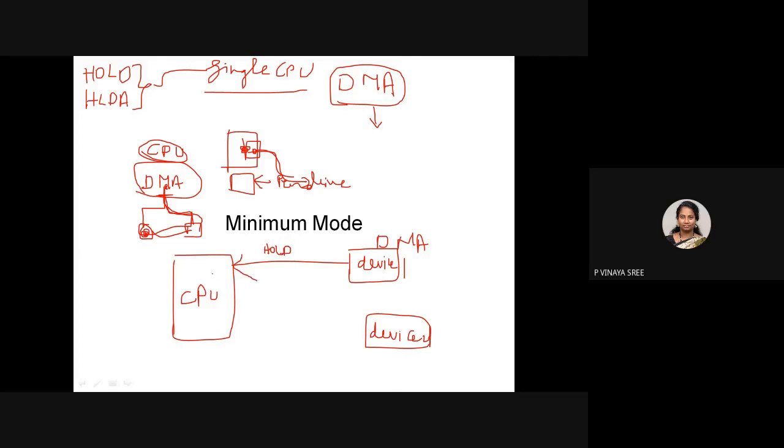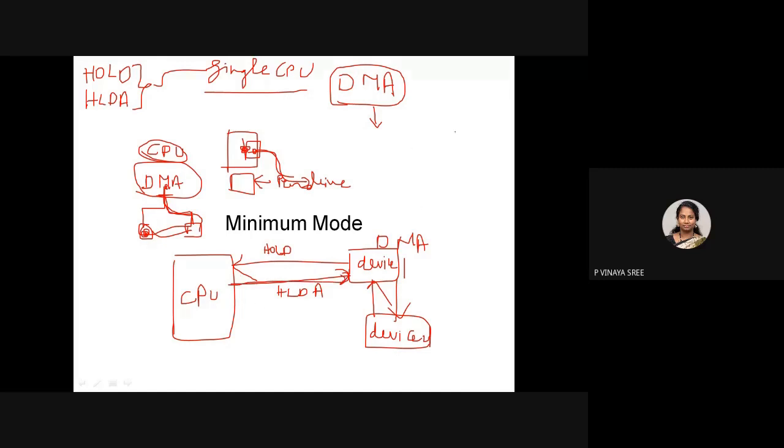Upon this, the CPU will give a hold acknowledgement: yes, you can take the system bus for transferring data from the external peripheral device into the memory, or from memory to the external peripheral device. By giving hold acknowledgement as a reply, once this reply is given, it releases the system bus.